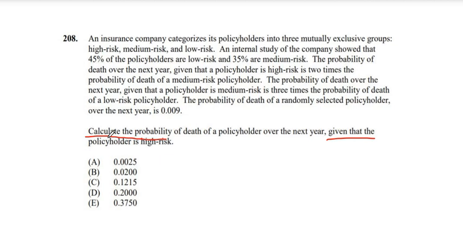The information is too much, so we should be patient. At first we categorize all policyholders into 3 groups: high risk, medium risk, and low risk.